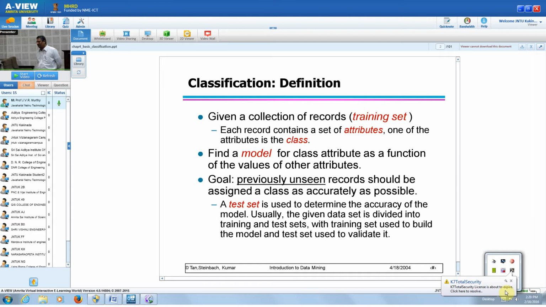Just for your understanding, I am saying only percentage, but percentage alone is not at all the criterion. Percentage is one of the very simple factors.